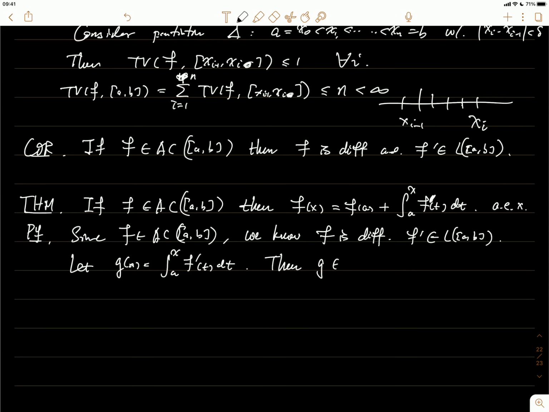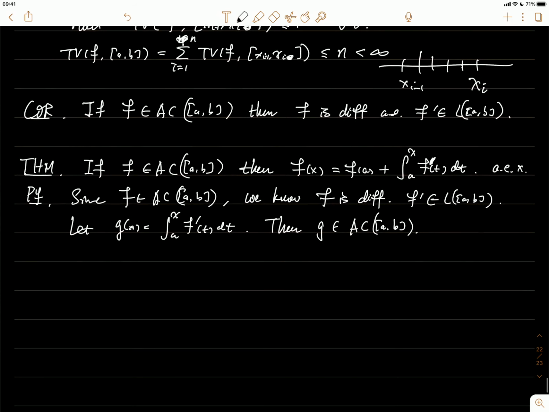Then g is absolutely continuous. Okay, and since f is also absolutely continuous, we know that f minus g is absolutely continuous, since the set of absolutely continuous functions forms a linear space.